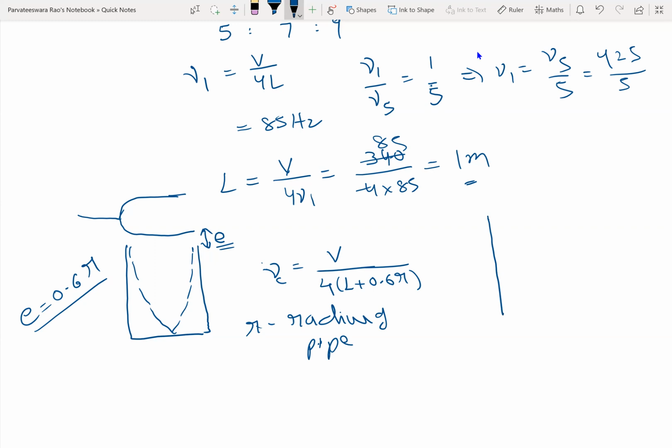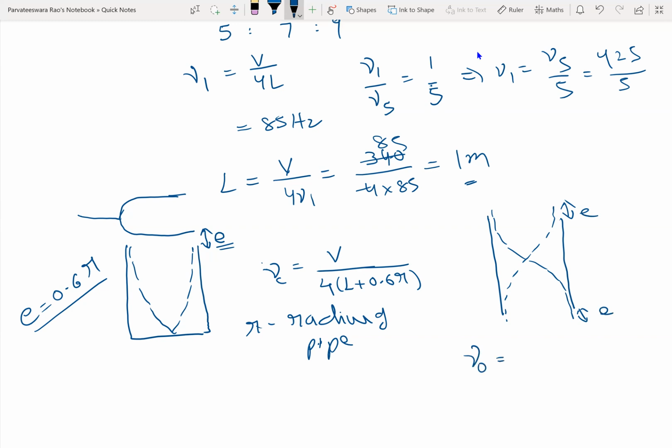Whereas in case of an open pipe, same case. The antinodes will be formed little above the mouth. So end correction should be applied at both the ends.